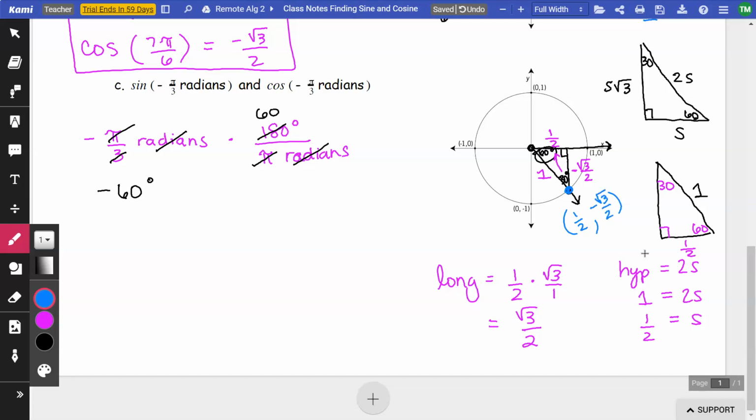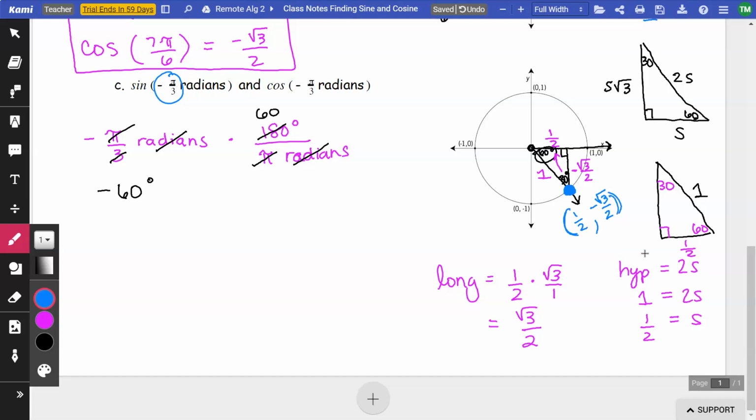And that should match the point that we found on our unit circle last week, right? So this negative 60 degree angle is the same thing as negative pi over 3. The 60 degree angle, the negative 60 degree angle, the negative pi over 3 angle intersect the circle at the same point.